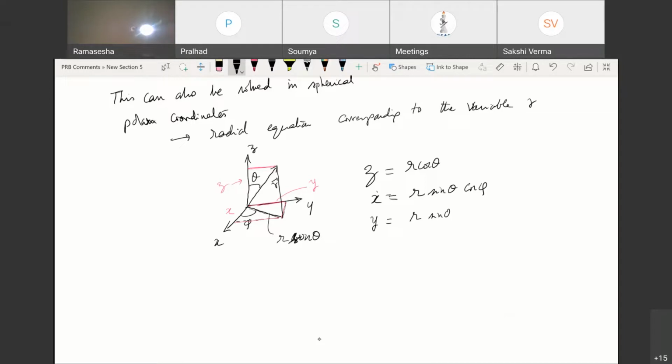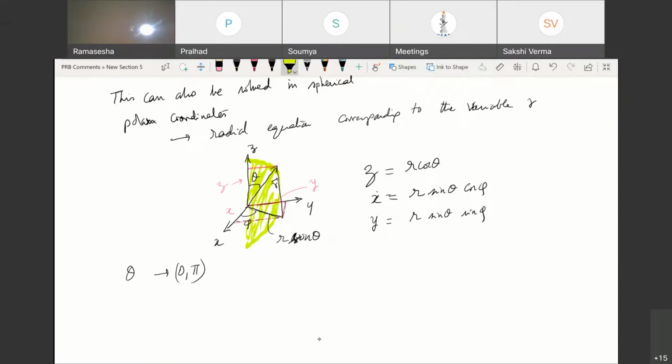So knowing this variable, theta goes from 0 to pi.